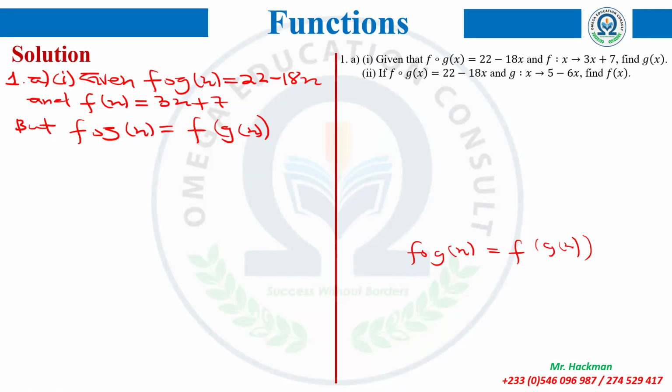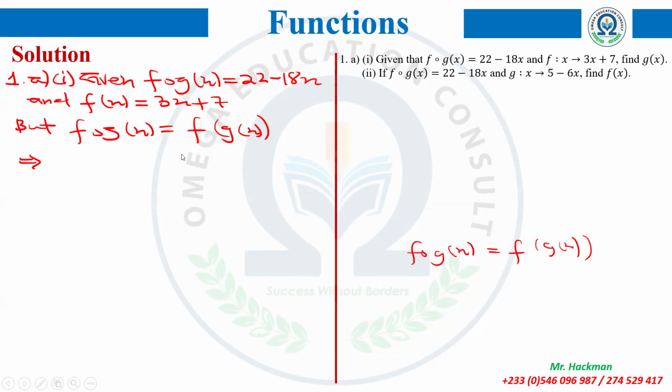Is my point well made? Okay, very good. So this is now an equation. So can I say that this implies that f of g of x is given. That is 22 minus 18x. Is that clear? Yes, sir.